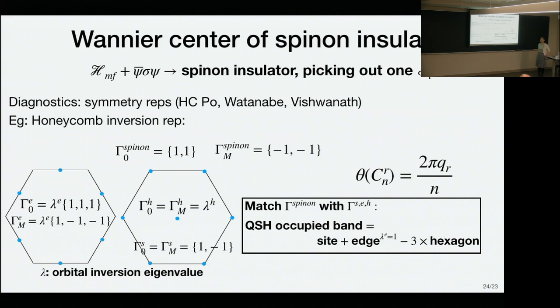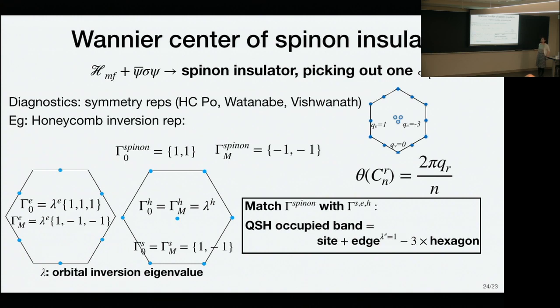For example, on the honeycomb lattice, the high symmetry points in the Brillouin zone are the gamma point and the M point. Here is denoted as 0 is the gamma point. Here is the representation of the spinon band at these two high symmetry points.